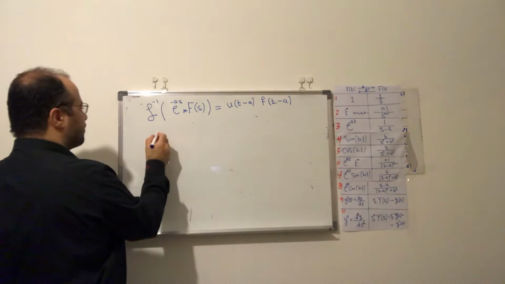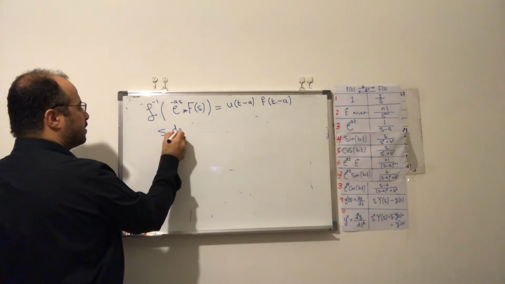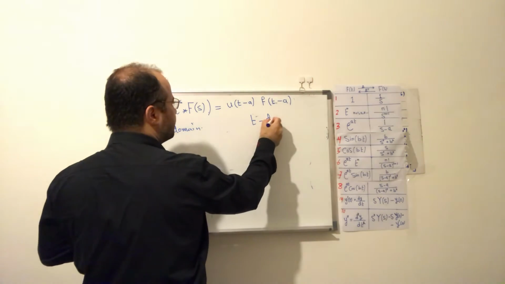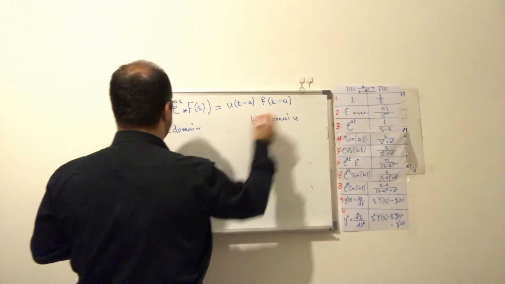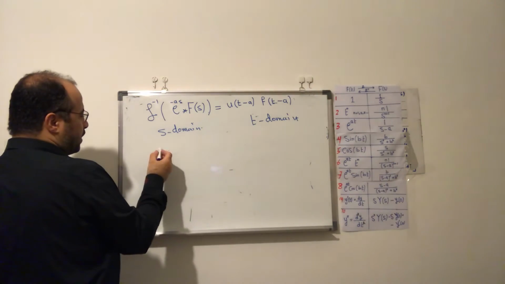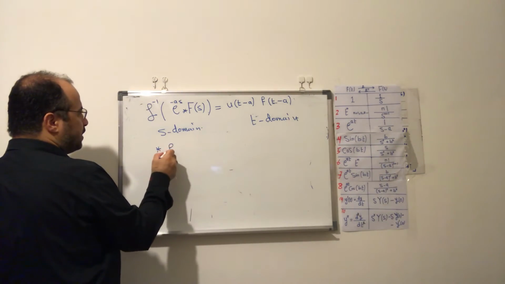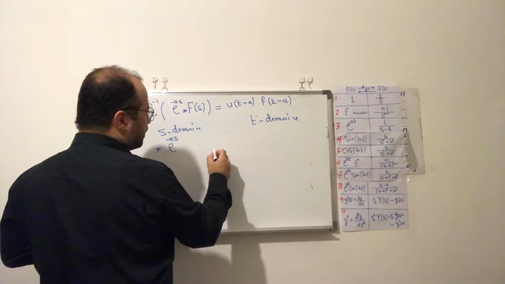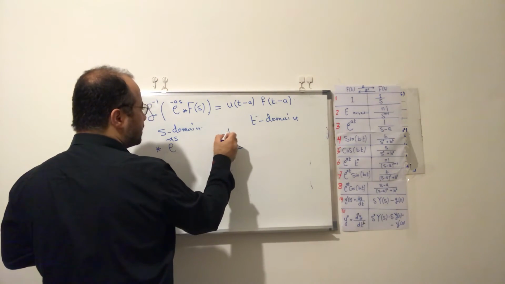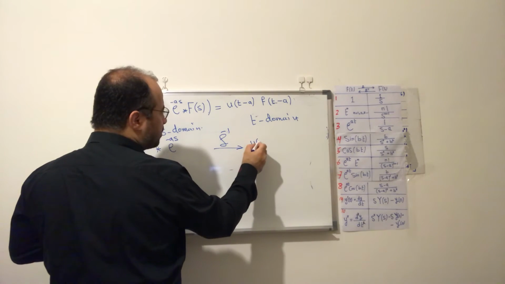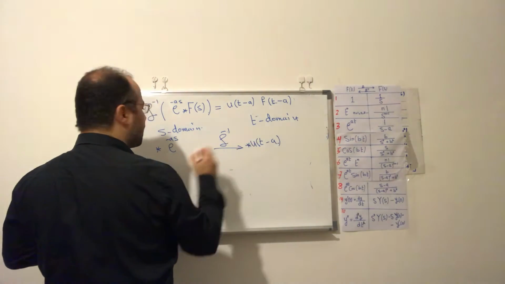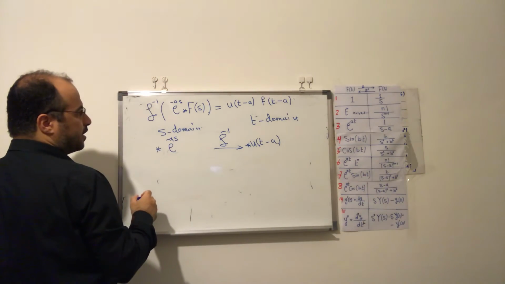Here we have the s domain, and we have the t domain. If you multiply with e to the minus a s, and go with the Laplace inverse, then you need to multiply with u of t minus a.